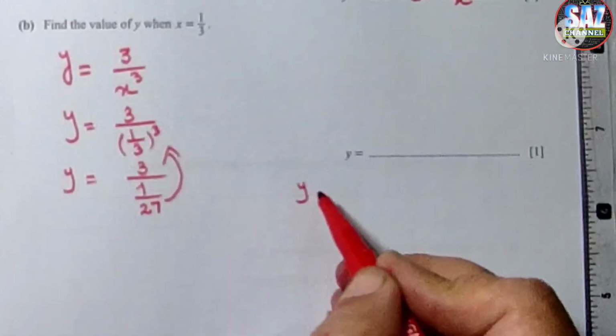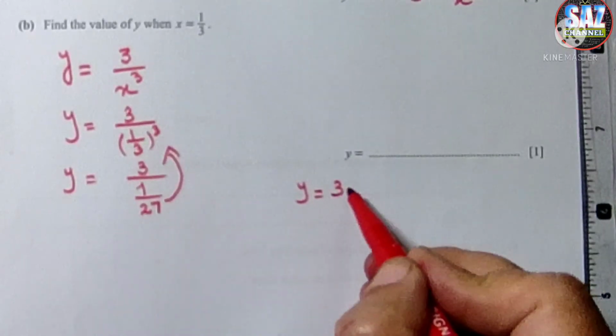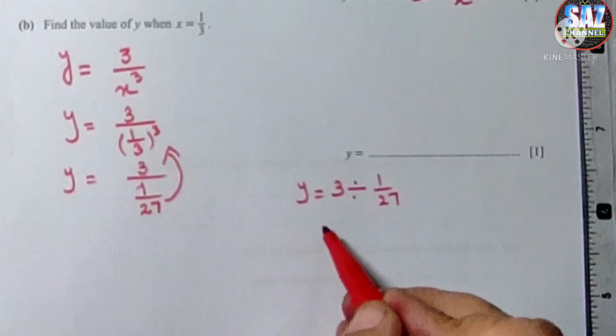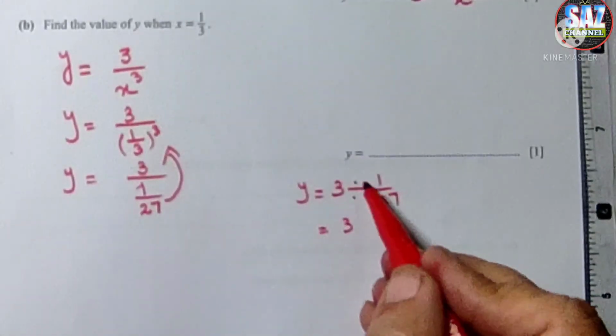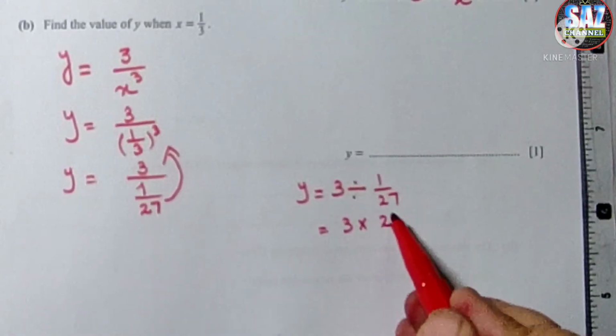Let me show the working in one part as well, because some of the students may find it difficult. Look, 3 divided by 1 over 27. I have to change this divide sign into a multiplication sign and take the reciprocal of this.